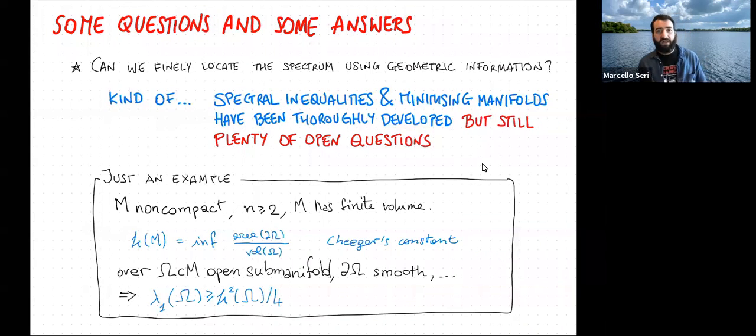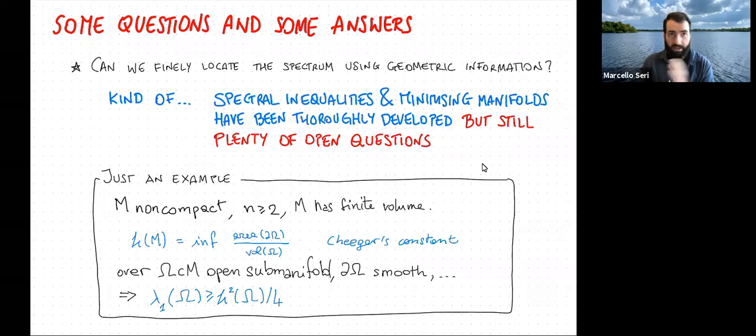Turns out that, kind of, there are spectral inequalities and there are theories of minimizing manifolds that have been developed that work on these assumptions, and lots has been done. And yet it's still very open. Just as an example of what you can do, if you have a non-compact manifold of finite volume, for example modular surfaces, arithmetic surfaces, then there is the Cheeger constant, which is an infimum over areas and volumes of open submanifolds that gives you a bound on the first eigenvalue.